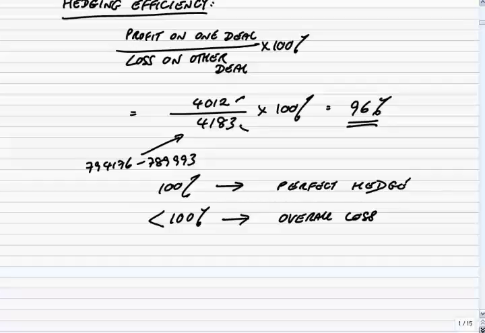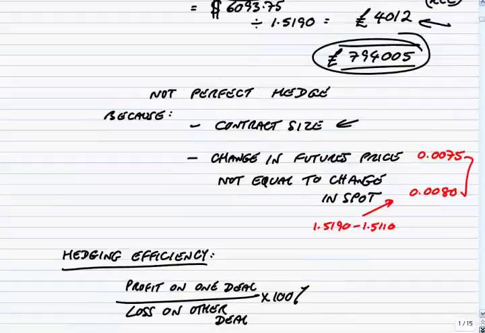Again, you see at today's rate you'd have got 794,176. We only got a total of 794,005. So although we cancelled most of the loss, there was still an overall loss remaining.